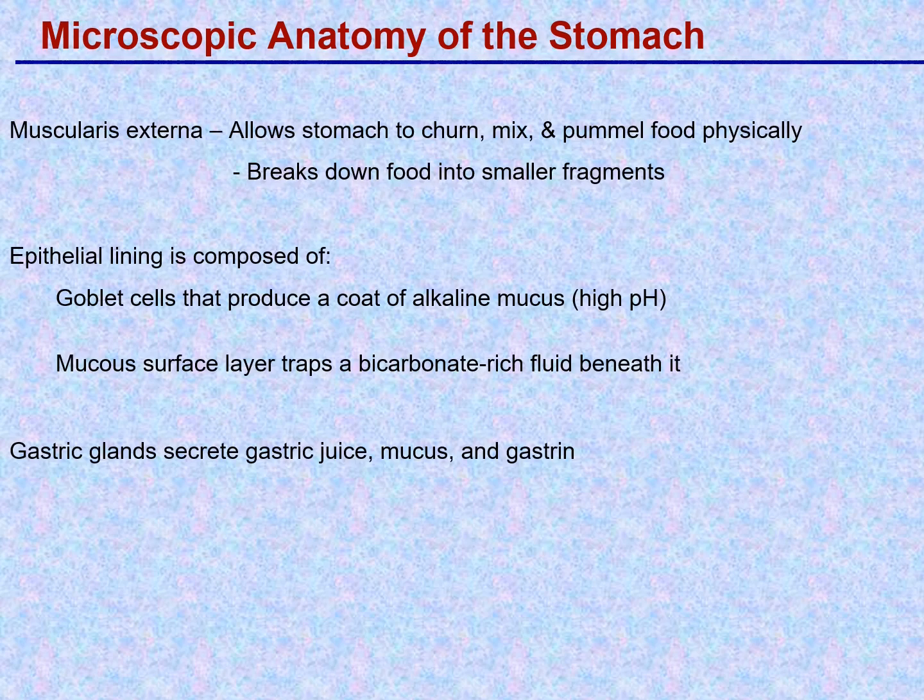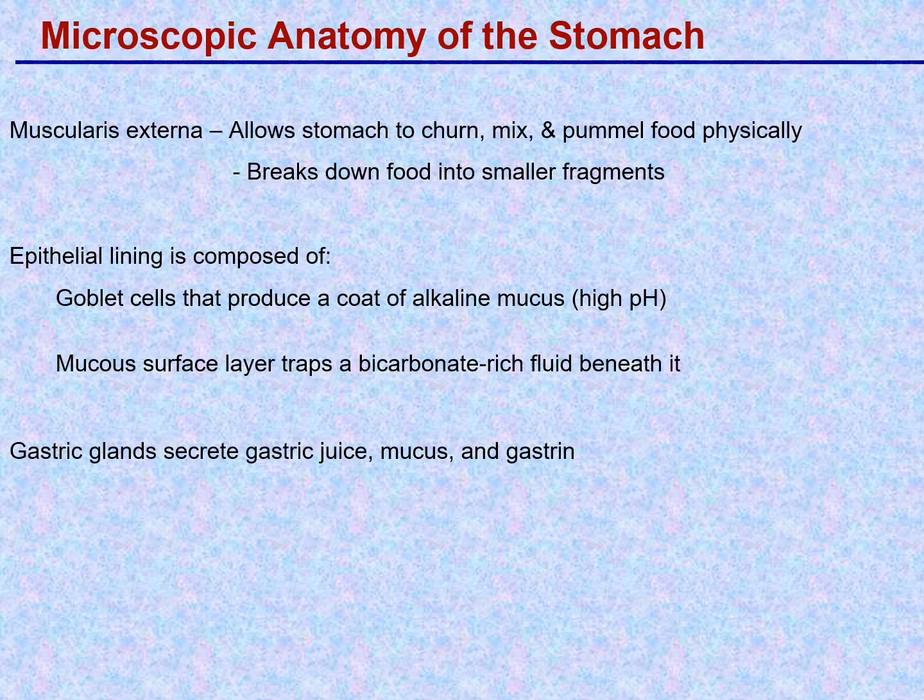Okay. So further out from the submucosa, you have the muscularis externa, allowing for the stomach to churn and mix and pound away, pummel the food and break it down into smaller bits and mix it up with the enzymes and the mucus to form chyme. The epithelial lining of the gland includes the mucus secreting cells, which have their own particular name called goblet cells.